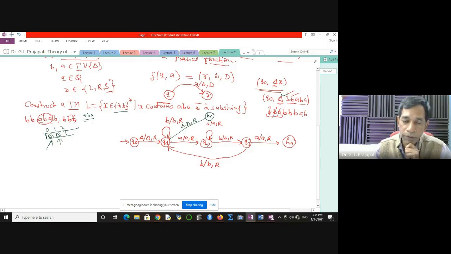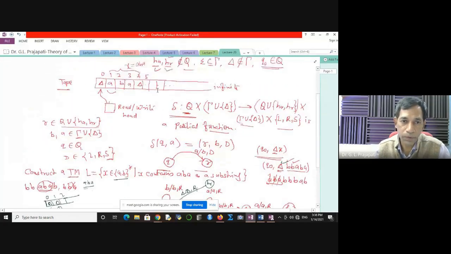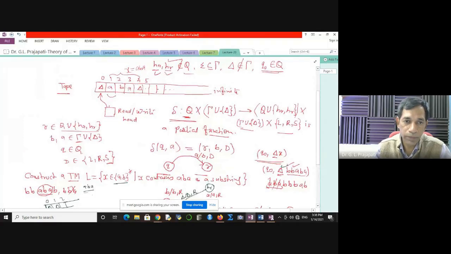Now once you are at the state Q3, you have read B and A, and if instead of finding B or A you have the blank symbol here, then clearly the string is not in the language. You know that at the beginning the tape contains only the input, and the input does not contain any blank symbol.